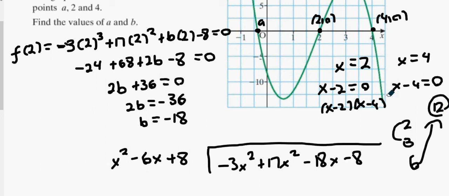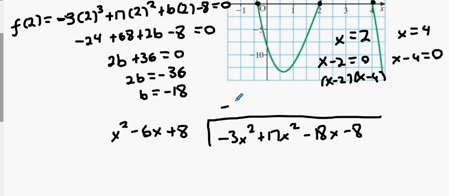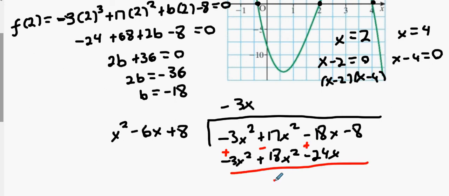Okay? Now let's long divide this in, and what do we get? Anybody? Minus 3x, and we get minus 3x squared plus 18x squared minus 24x. And then change it into plus, minus, plus, and what we're going to get is minus 1x squared plus 6x, take away 8.